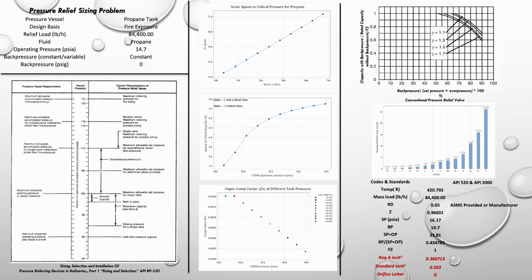You go to the middle section of the example here of the slide, and you get your thermodynamics revisited again, where you will be picking your compressibility factor, your actual DP versus the critical DP, and you can actually get the pressure.